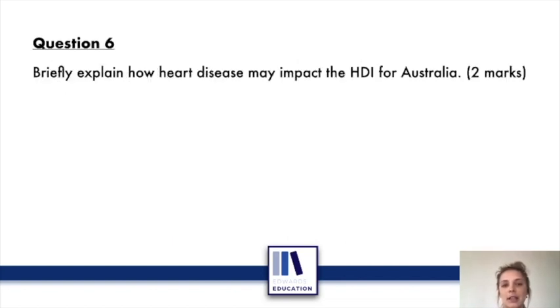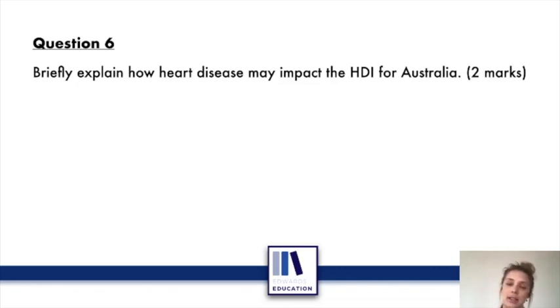Question 6, briefly explain how heart disease may impact the HDI for Australia. In this question, you're being asked to unpack how does heart disease impact one of those 4 indicators. Now you can look at this from a few different angles. Heart disease, for example, cardiovascular disease, we know causes death. That's therefore going to influence the life expectancy at birth.